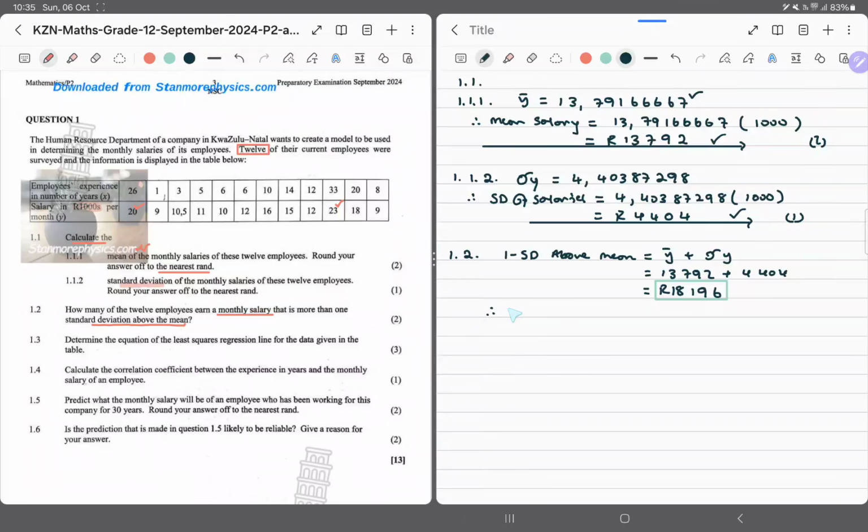So we can say therefore there are only 2 employees that earn more than 1 standard deviation above mean. Nice.